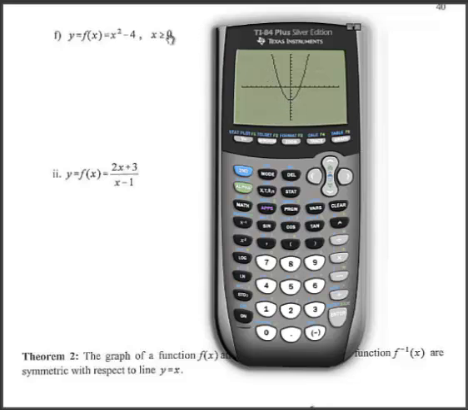Now, if we add in this little detail to the right, if we restrict the domain so that I simply ignore everything that is less than 0, and so basically what I do is I scribble out or erase this left half of the parabola.